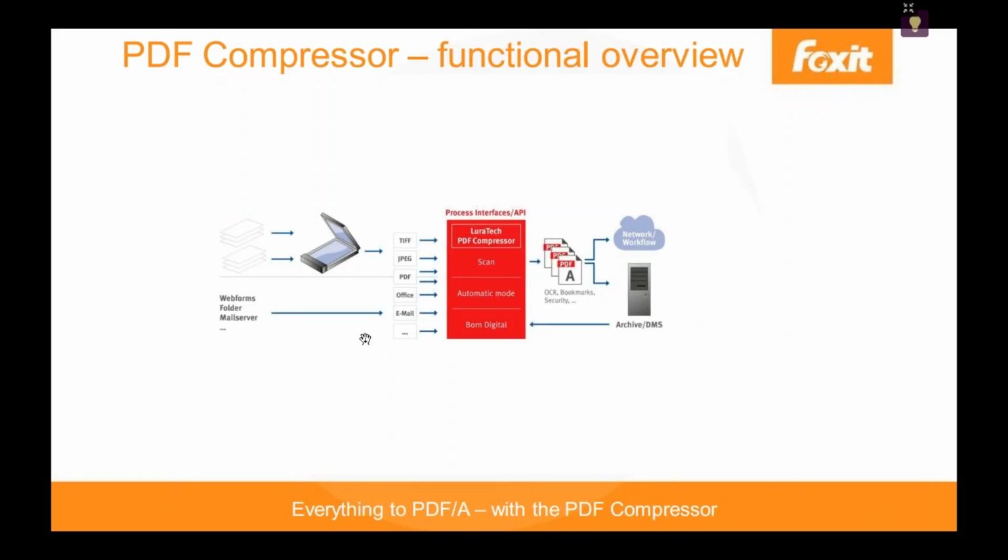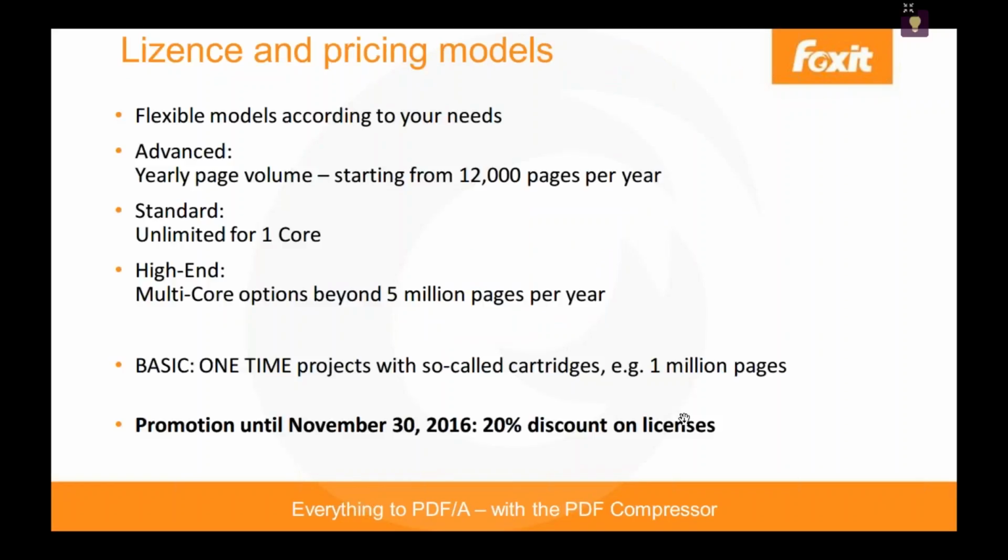I have one health insurance which is doing 25 million pages per year, so you can imagine it's high volume, and it also needs some hardware to process this and achieve the throughput. Then it may be sensible to split this off, to have a server for the scanning business and another one maybe for the incoming email conversion. But this is a matter of detailed discussions, and we're happy to do so with your project.